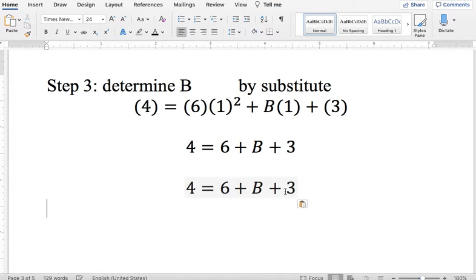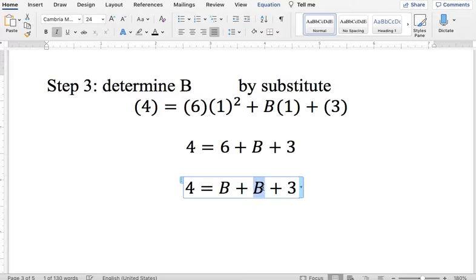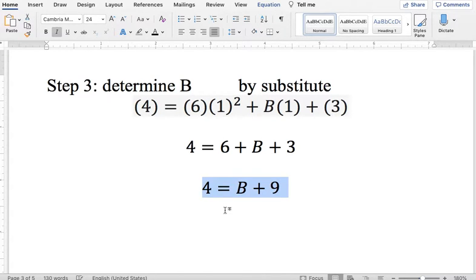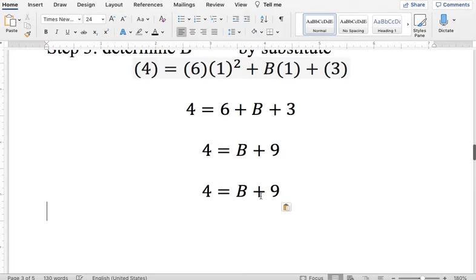Okay, continue to simplify. I can switch the order here: 6 plus b is the same as b plus 6. And positive 6 plus 3 is 9. Let's continue. Subtract 9 from both sides.